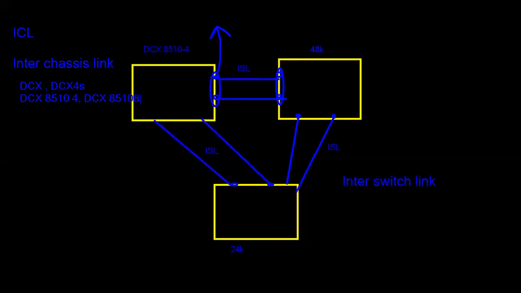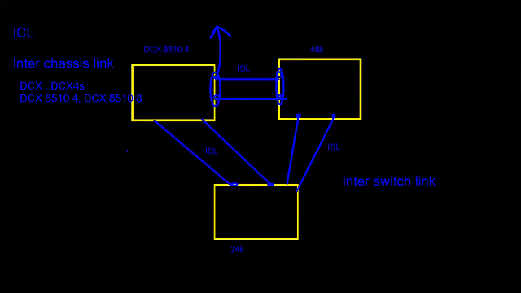Only these switches have the ICL concept. That means we have dedicated ports for this inter switch communication. If you want to connect one switch with another switch, you can use these ICL ports, which are dedicated for internal communication between switches.